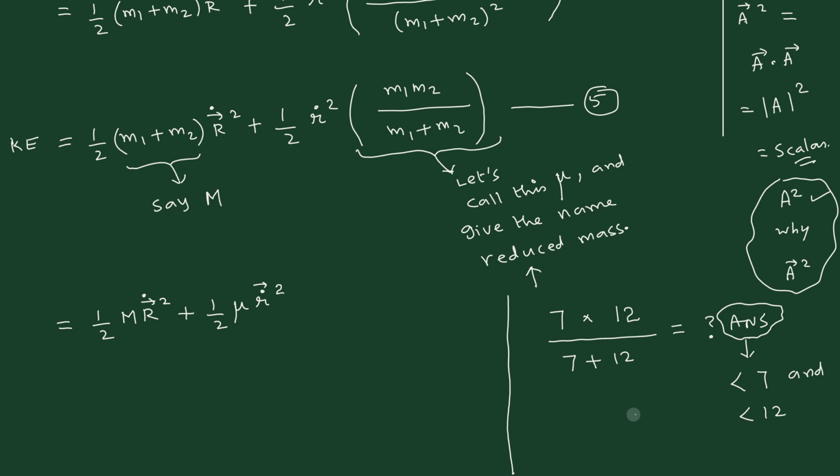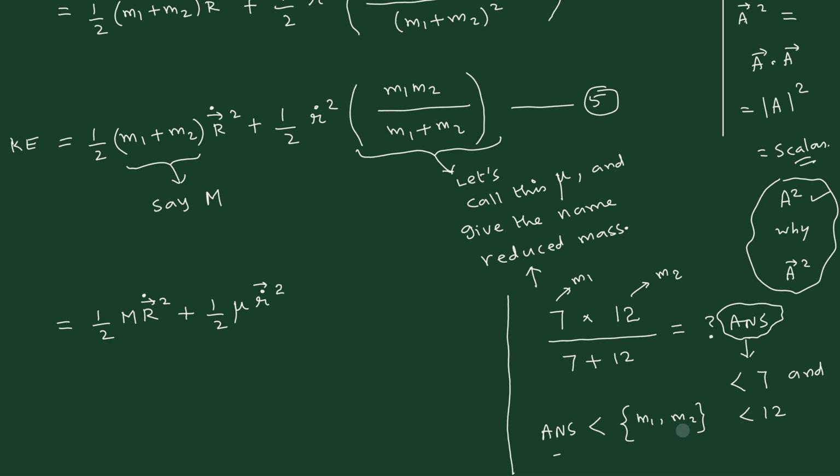So now we got an answer which is less than your starting values. What are your starting values? M1 and M2. So M1 M2 by M1 plus M2 is going to be less than either of M1 and M2.